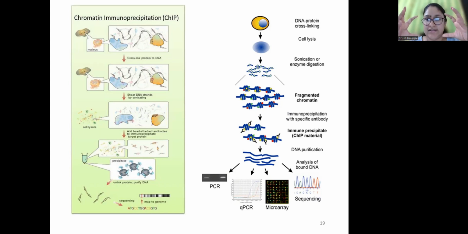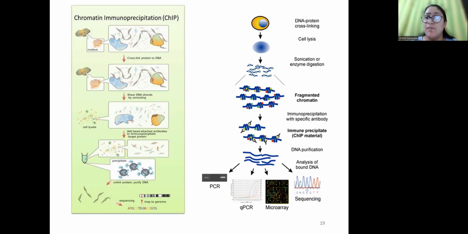So it forms a complex: DNA, protein 1, protein 2, transcription factor, activator, and so on. In order to detect the portion of DNA which is part of that complex, first we have to lyse the cells. On lysing the cells, enzymes come out, the cell membrane breaks down, and even the DNA is fragmented.